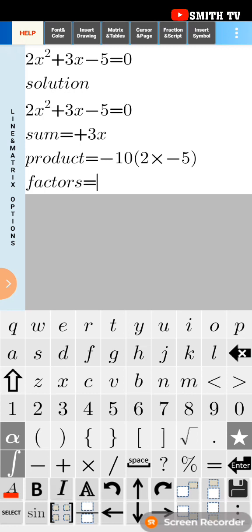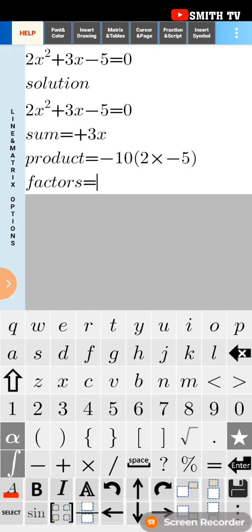Now factors. When we talk about factors, we are trying to get two numbers which, when multiplied, give minus 10, and when added up, give plus 3.